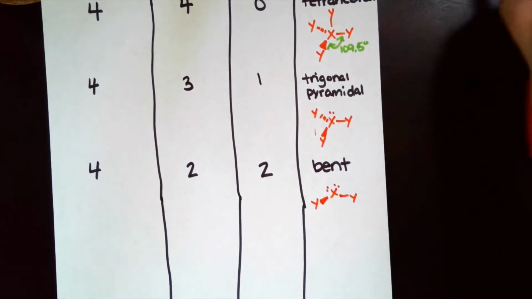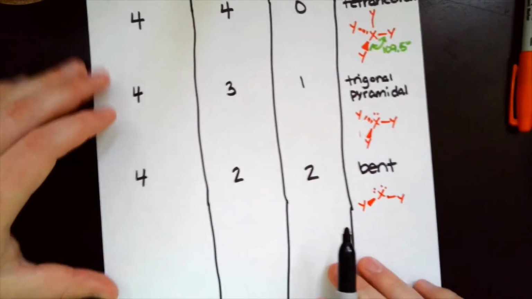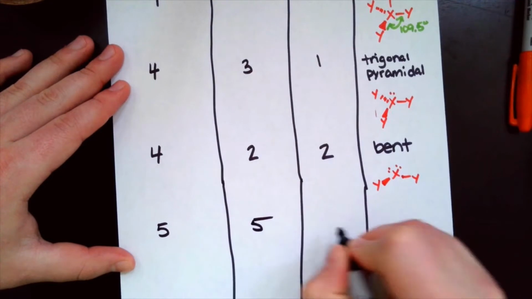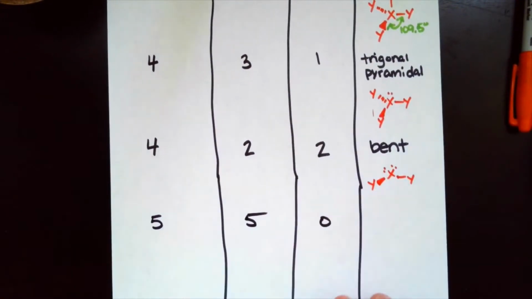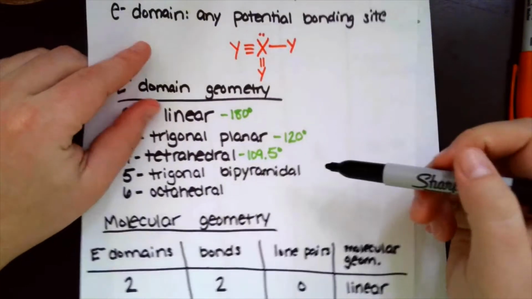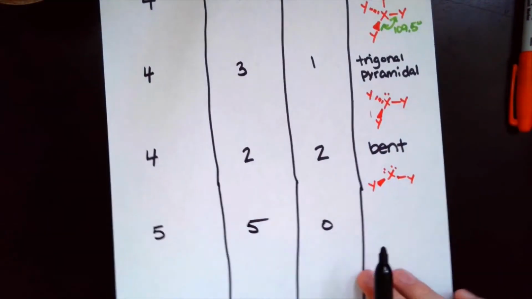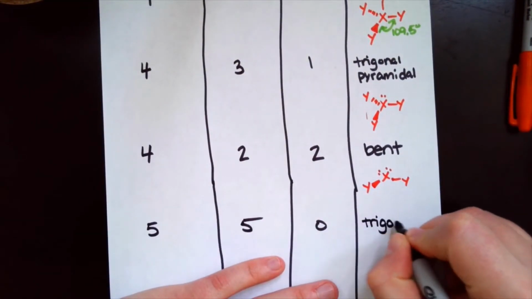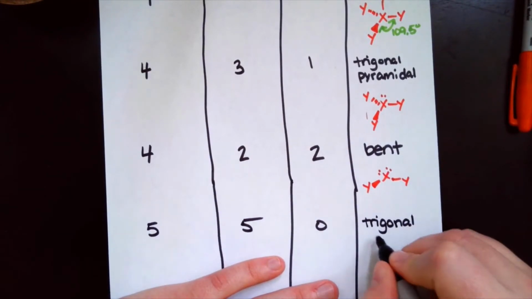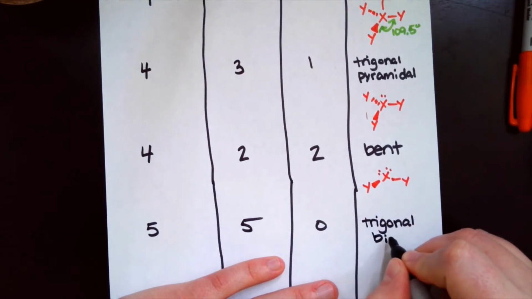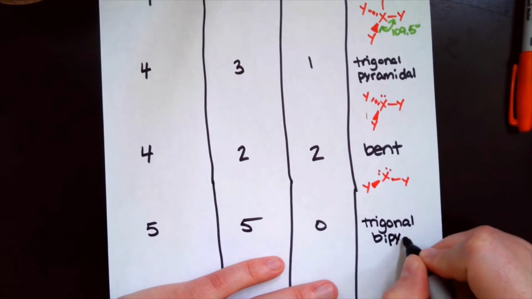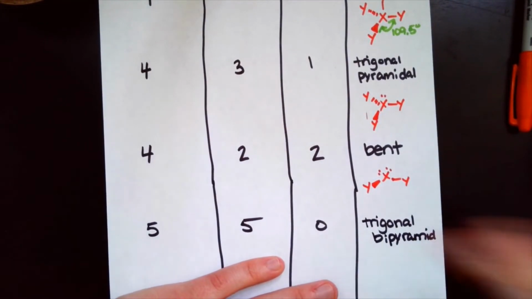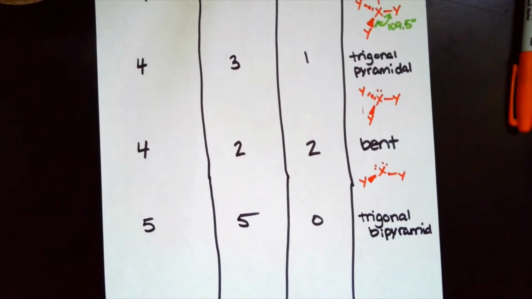Okay. Next up, if we have 5 electron domains, and they're all bonds, once again, we just go back to what the electron domain geometry is called, trigonal bipyramidal. I'm just going to go with bipyramid because I kind of ran out of room there.